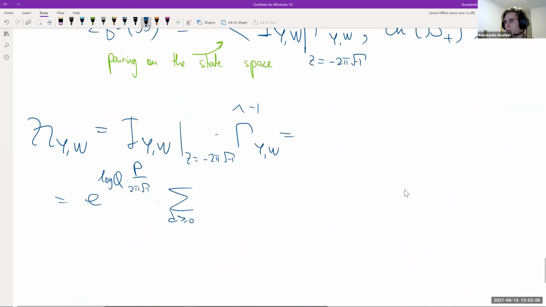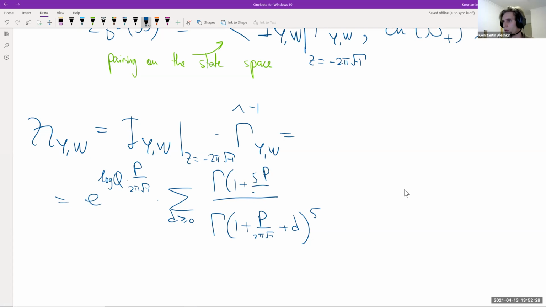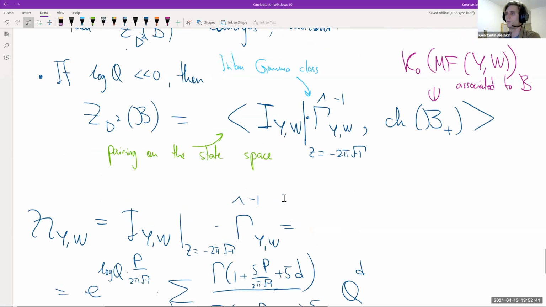yeah, after my notebook unfreezes. So it is a simpler version of an I function from the point of view of the story.